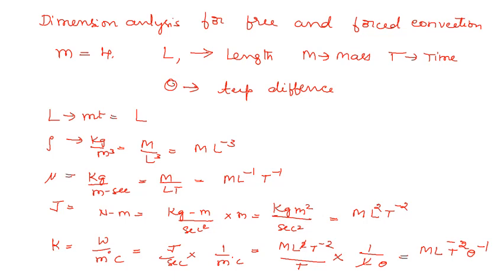Similarly, let us see the Cp value in the next slide. For the Cp value, the unit is kilojoule per kg degree centigrade, and this is given as ML to the power 2 T to the power minus 2 divided by kg.